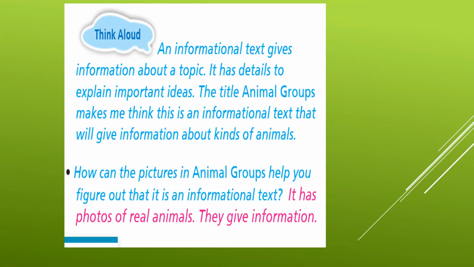The title of the story is called Animal Groups. You know a little bit of information about the animals, but you don't know what are the kinds of the animals. So through the pictures, through the photos, you will get information about real animals. That's why I'm saying this story is an informational text.